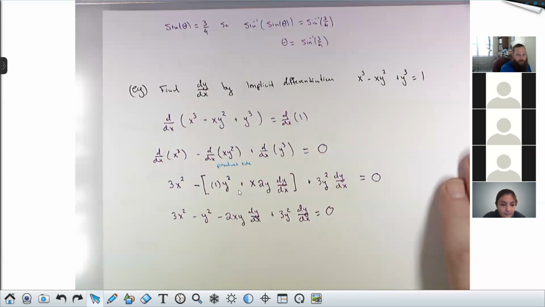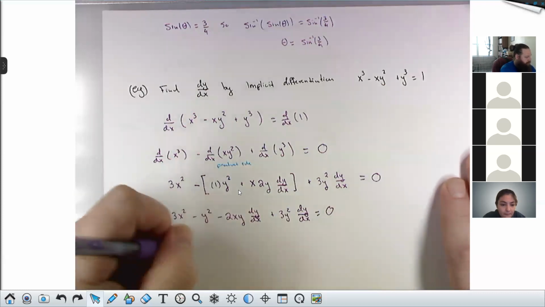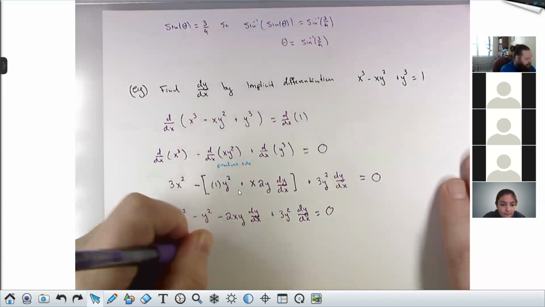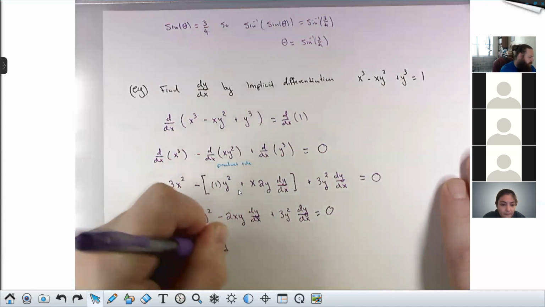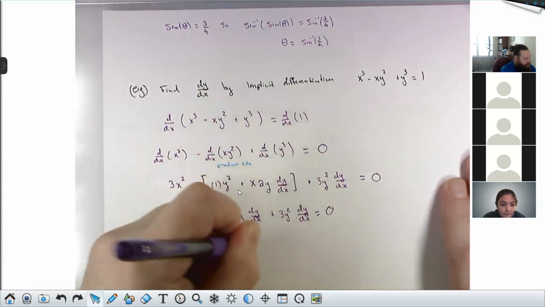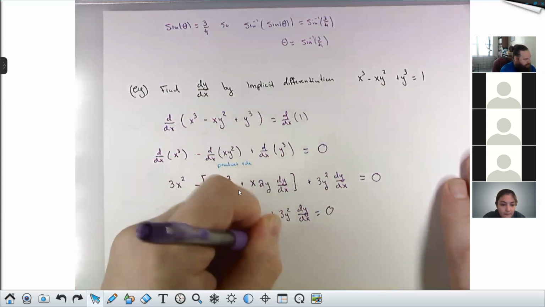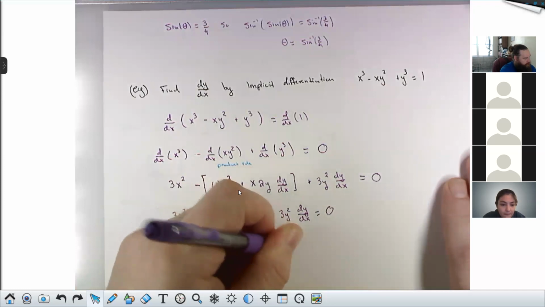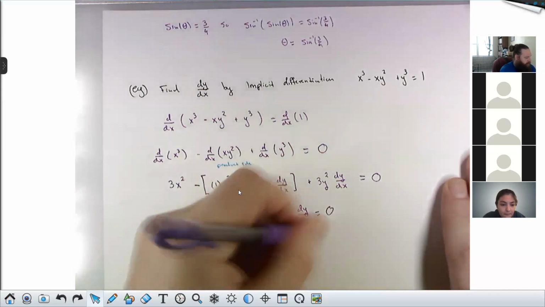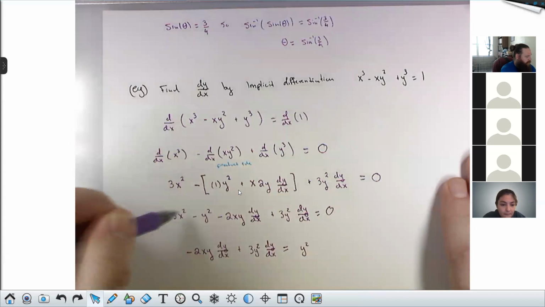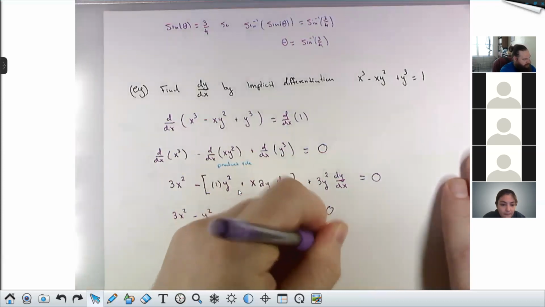And then the way we solve something like this for dy dx is to push everything that doesn't have a dy dx to the other side. This term doesn't have a dy dx, this term doesn't have a dy dx, and both of these terms do. So I'll leave them over here and push the other terms over. That gives me negative 2xy dy dx plus 3y squared dy dx equals, add this over, so it's y squared, subtract this over, minus 3x squared.